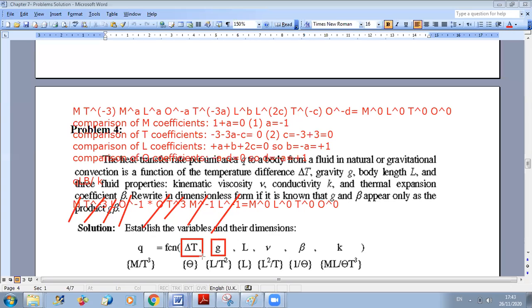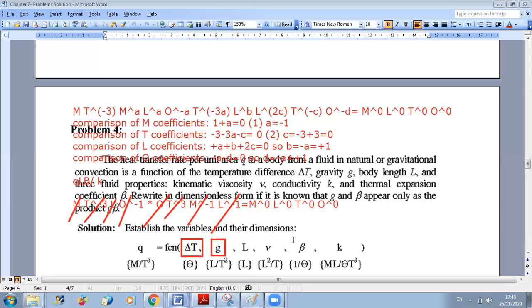So for example, for delta theta, who can give me the group directly? What will be the group of delta theta? Delta theta times beta. Okay, very good.